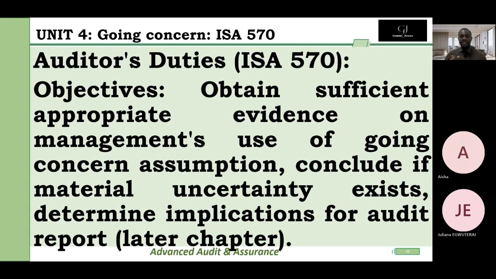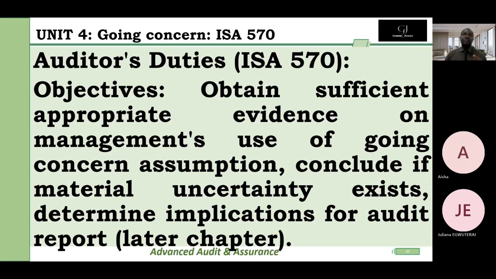So they determine the implication for audit reports and our opinions. We're looking at those opinions in the chapter that looks at reporting. So management needs to validate that nothing has come to their attention that depicts a halt to operations in the near future. And that's what the going concern speaks to.